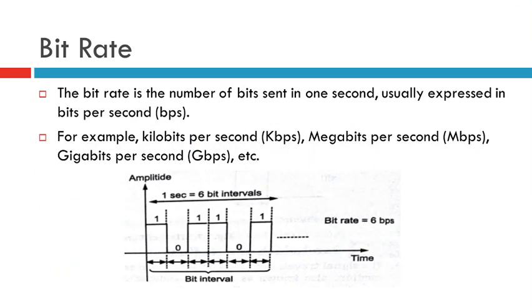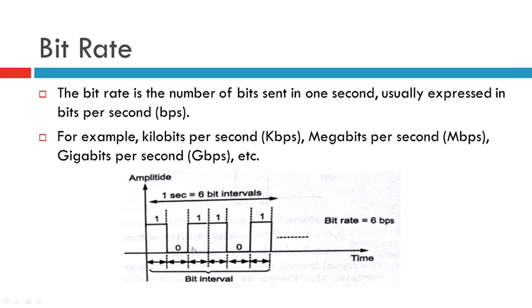Let us see bit rate in some other terms. Bit rate is the number of bits sent in 1 second, which is usually expressed in bits per second or bps, for example kilobits per second, megabits per second, gigabits per second.